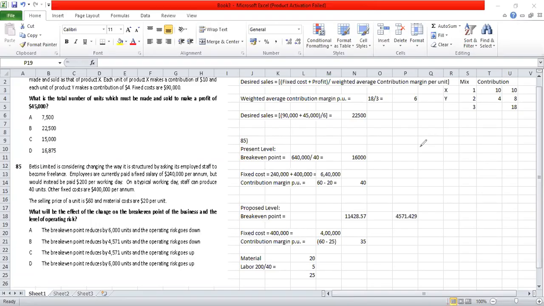The break-even point will happen much before the present level. On that note, operating risk goes down. B is the answer. We go with B as the answer.